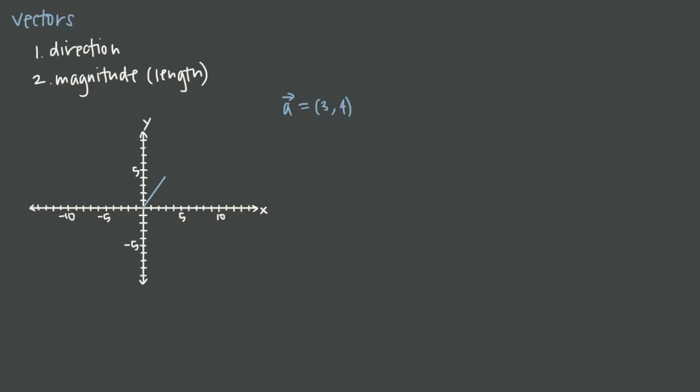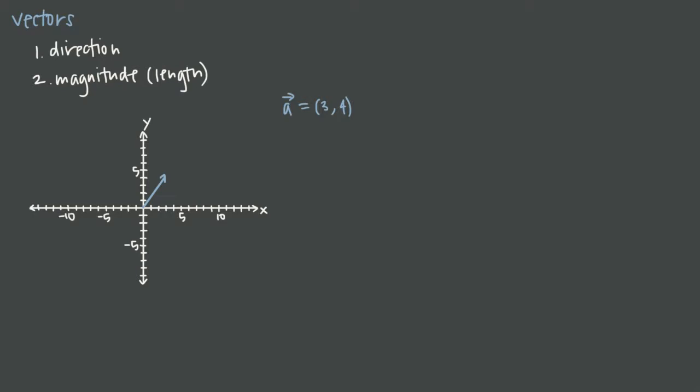So that would be about there. And then we sketch in a little arrow to indicate the direction in which the vector points, and this is the vector 3, 4.